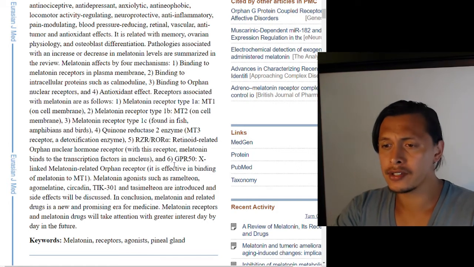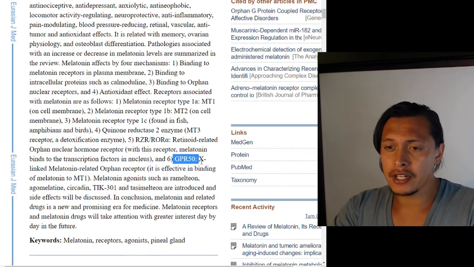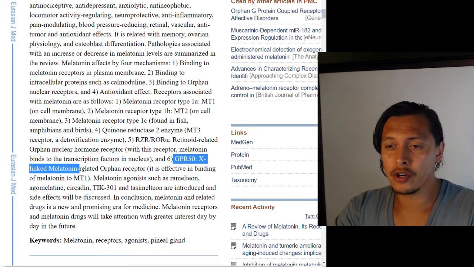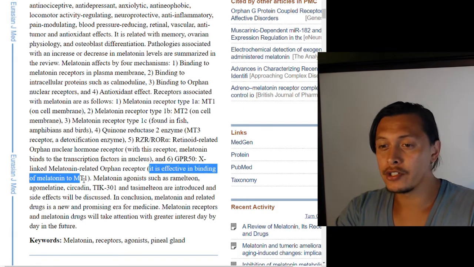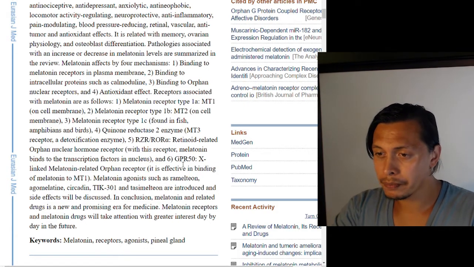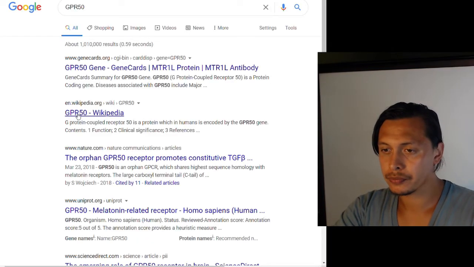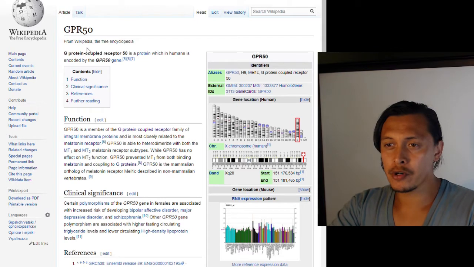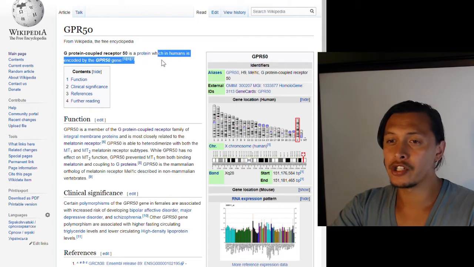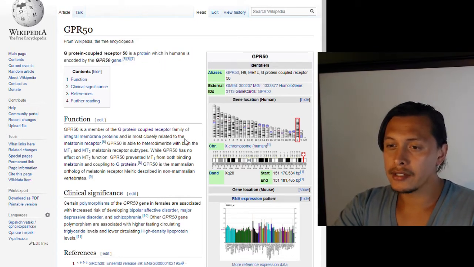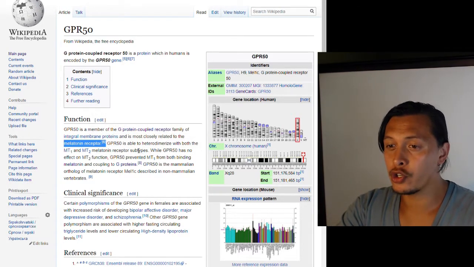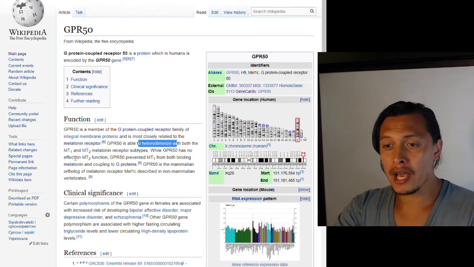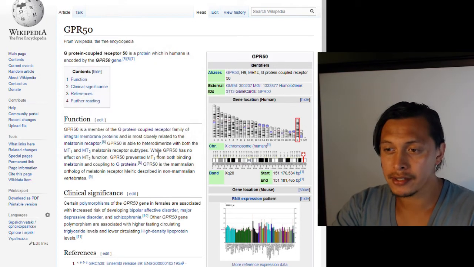And then there's 6, the GPR50, the X-linked melatonin-related orphan receptor. It is effective in binding of melatonin to the MT1. So I've never heard of this GPR50 before. So this is a G protein coupled receptor 50, and it is a protein which in humans is encoded by this gene, and it's most closely related to the melatonin receptor, and it is able to heterodimerize with both MT1 and MT2 melatonin receptor subtypes.